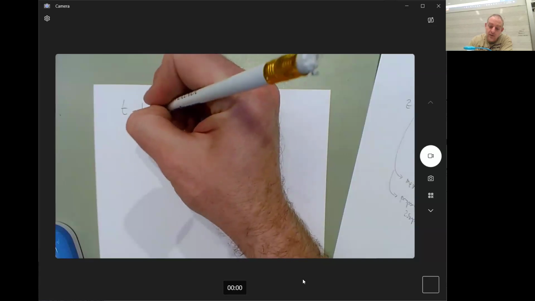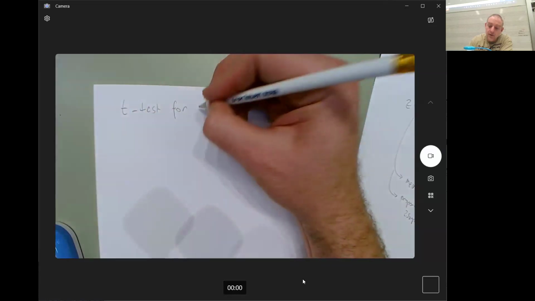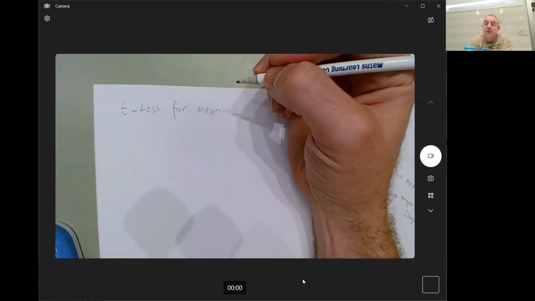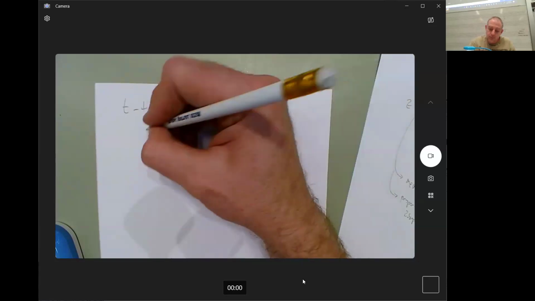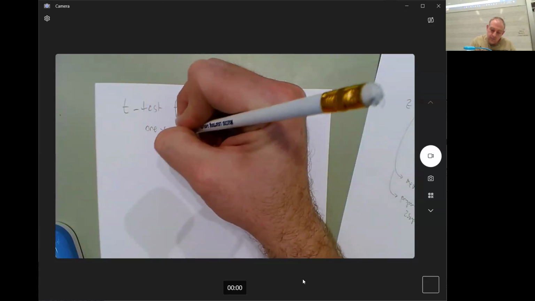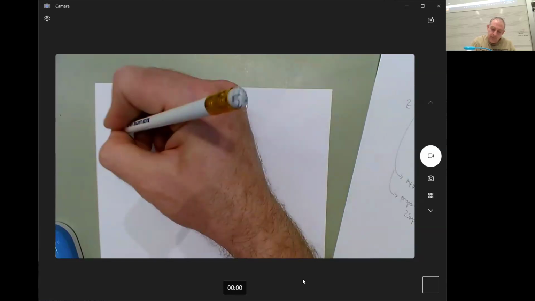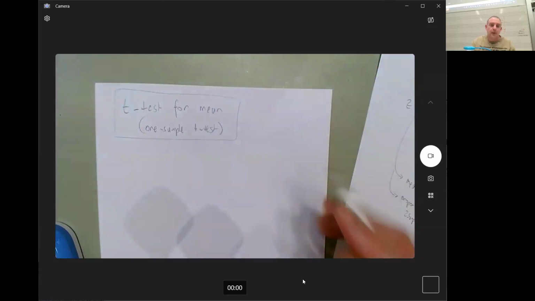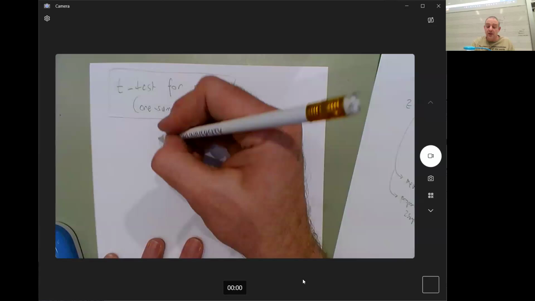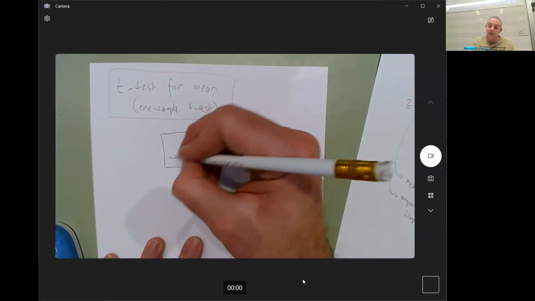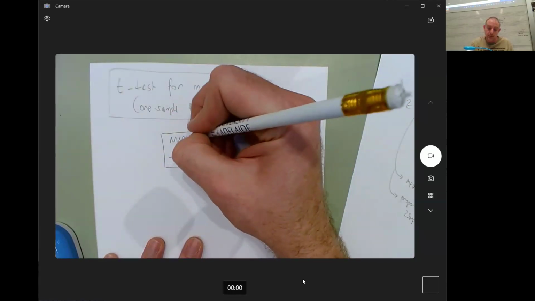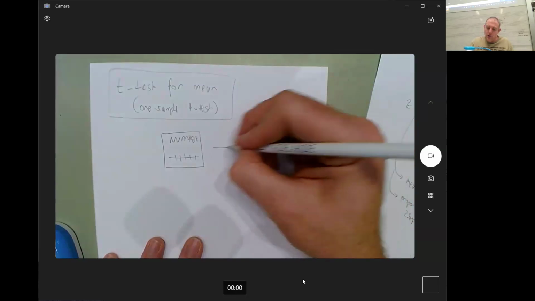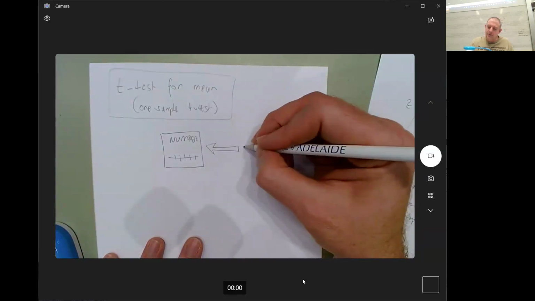The t-test for a single mean, sometimes known as the one sample t-test. It's the exact same situation. A one sample t-test is designed for when every individual has a numerical value that goes with it, and you want to have an idea of what the mean is.